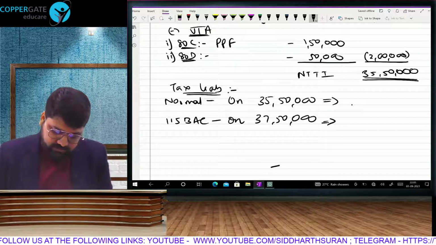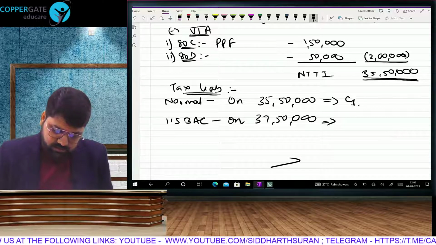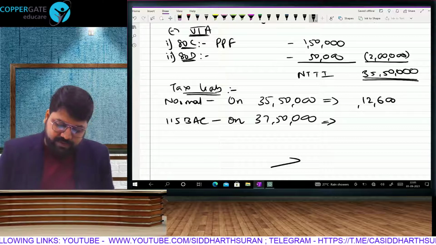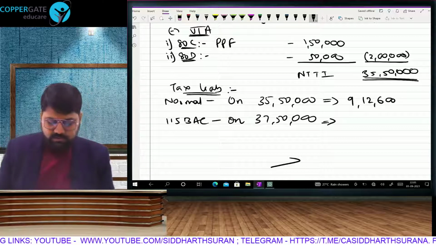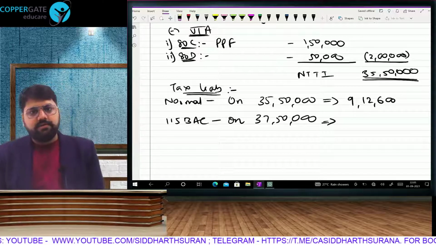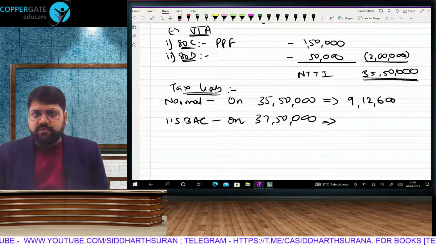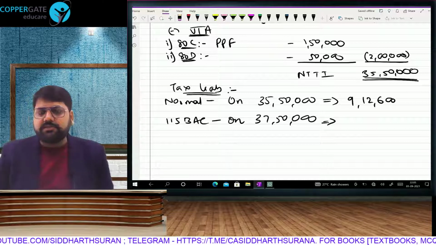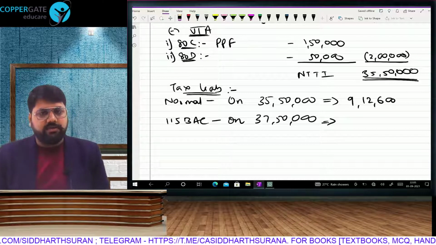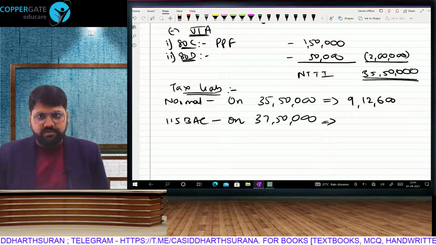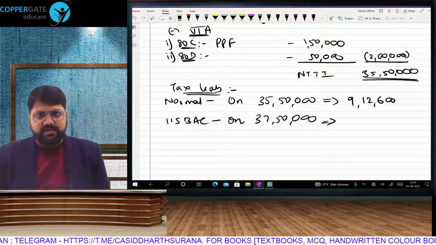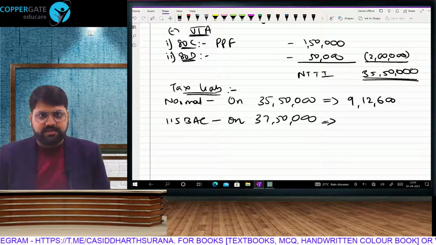Nine lakh 12,600. How did you get this? 25,50,000 into 30% plus 1,12,500. Some are like, sir, why 1,12,500? He can be a senior citizen also, his age is not given. Listen, father is 65 years. You think father is 65, then Kalpesh Kumar can be more than 60?